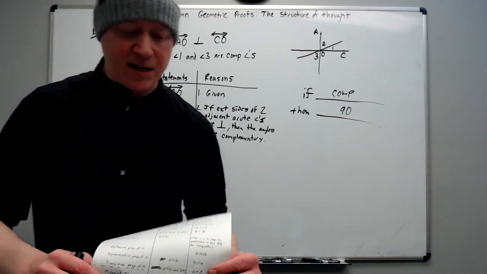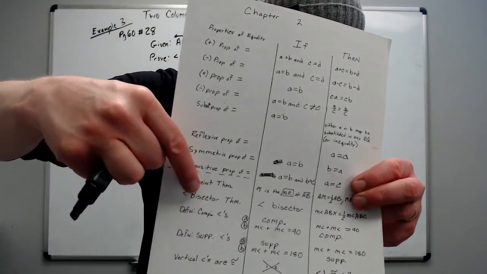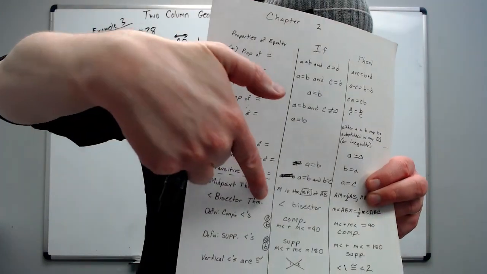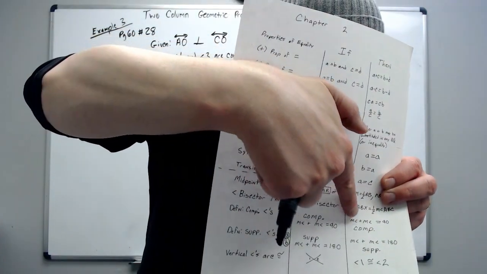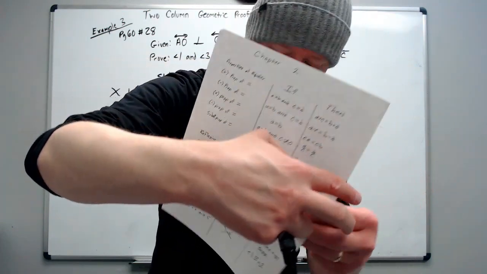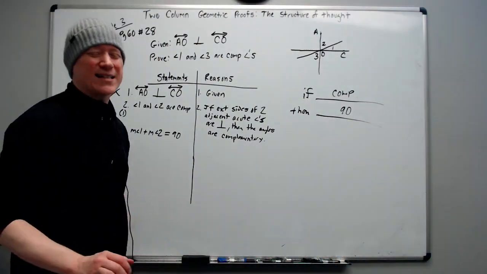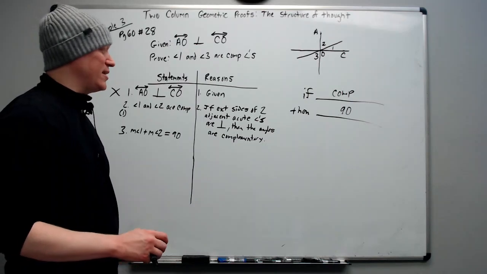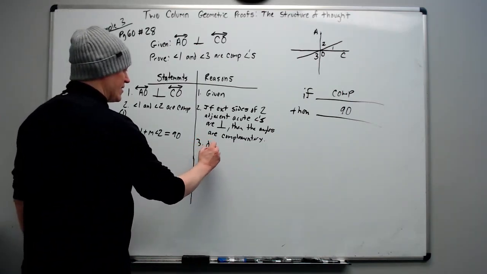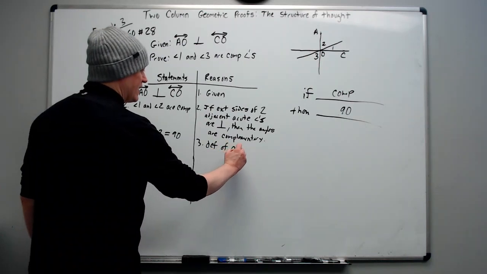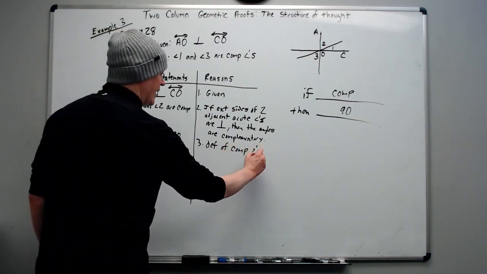The definition of complementary angles is right here. And it says, in this one here, the A version, that if two angles are complementary, then their measures add up to 90. It's a direct application of the A version of that definition. So that's why step 3 is definition of complementary angles.